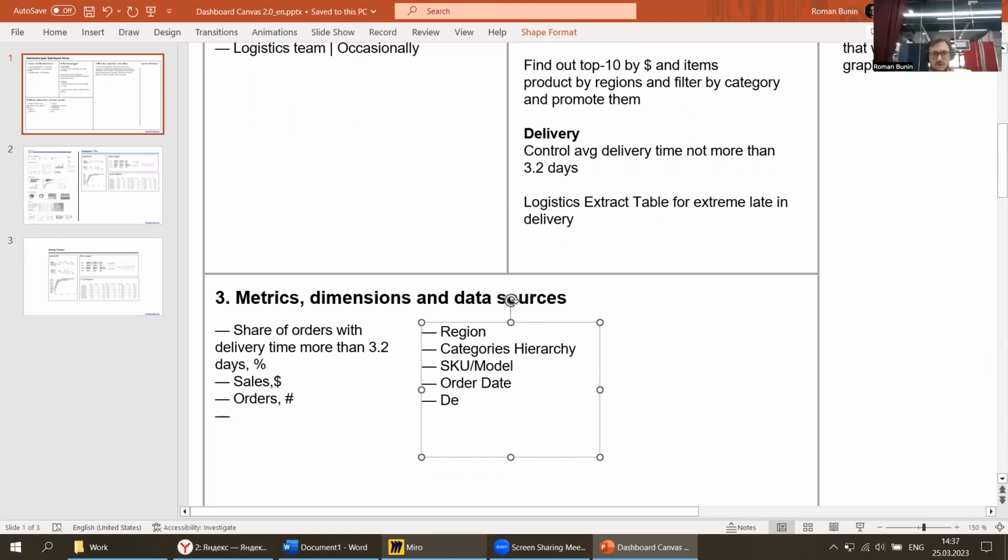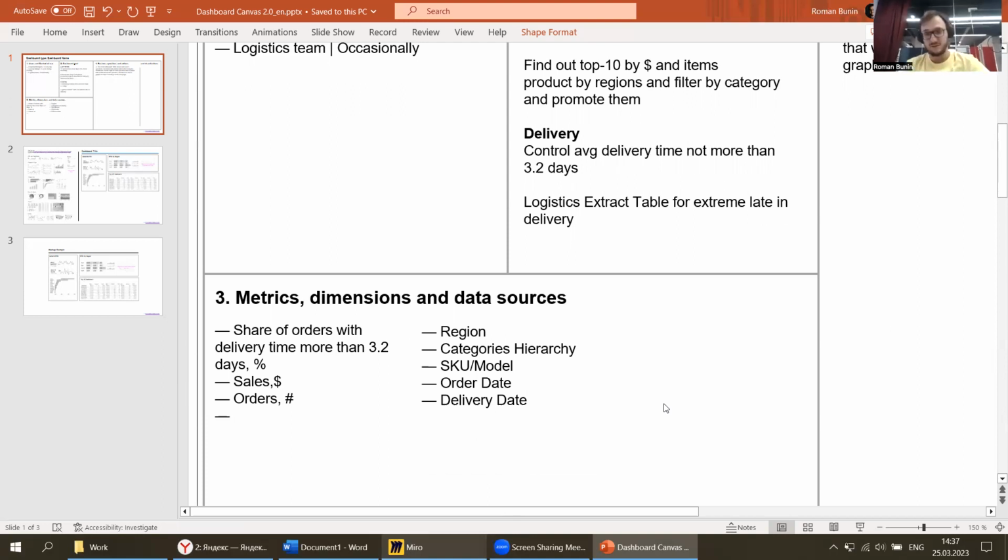And it's always a mess when you have two dates in a dashboard. It's always a problem how to deal with them, because if you have a filter, is it going to filter delivery dates or order dates? Are you going to show orders on a delivery date or on an order date? Always a mess. Okay.